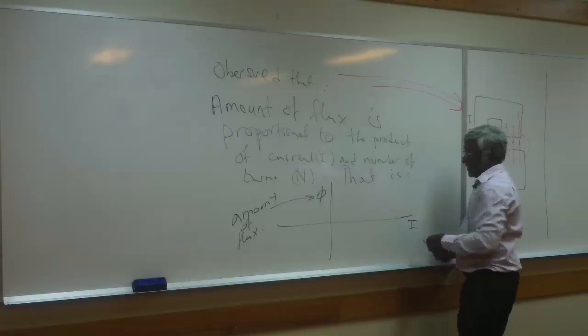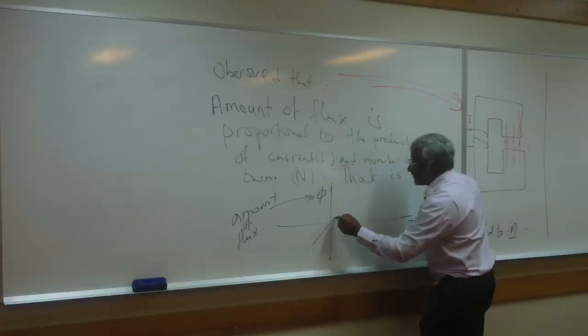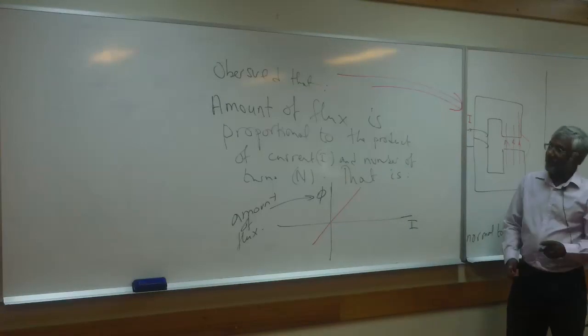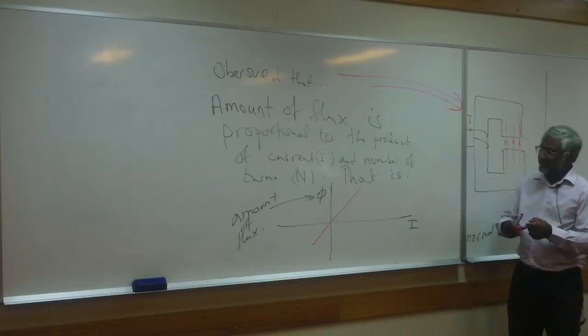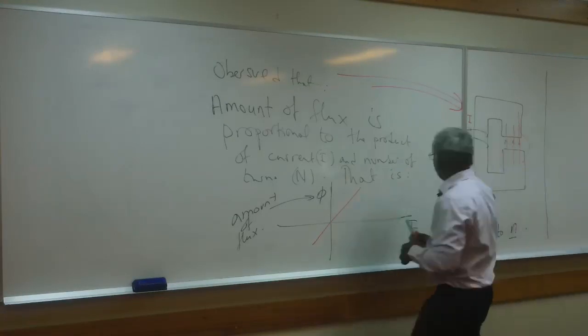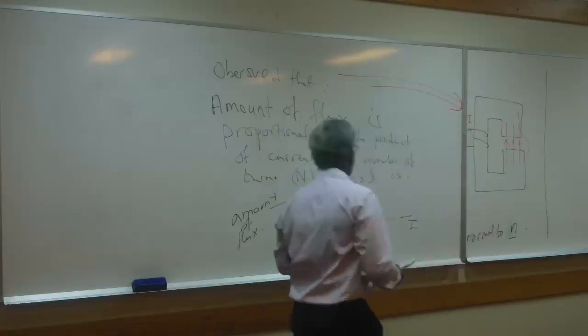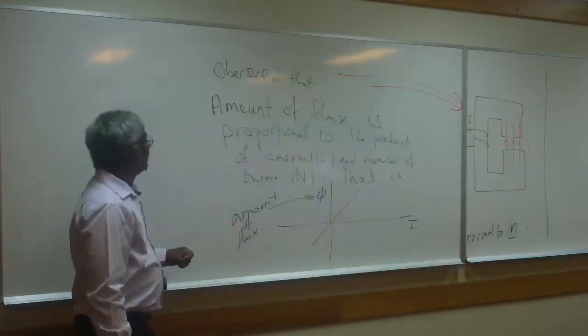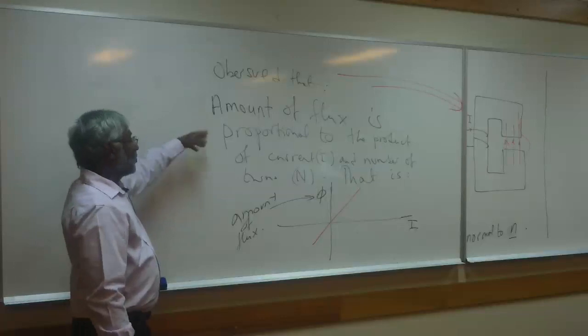So the amount of flux in this one, it's a straight line. But there's another graph that I'm interested in that I'll draw for you very soon. This statement is true. There's no problems with it.